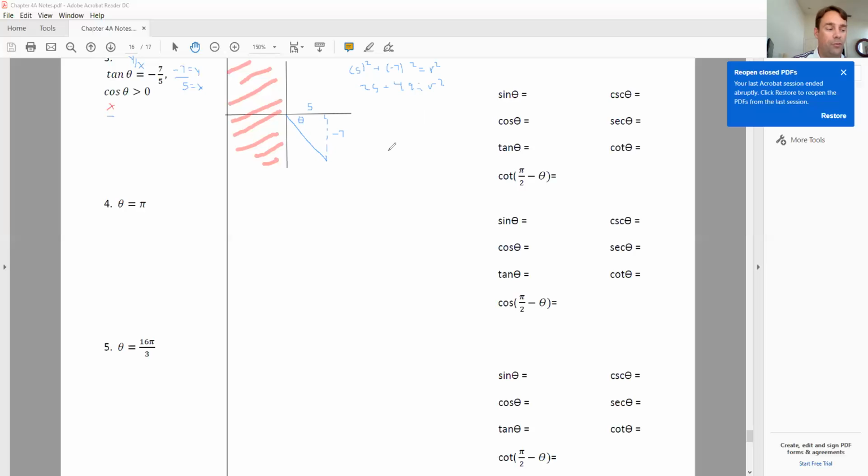So 74 equals r squared. And we're going to take the square root of that. So plus or minus root 74. And since it's the radius I'm dealing with here, the radius is always going to be the positive value. So we'll take the positive root 74.